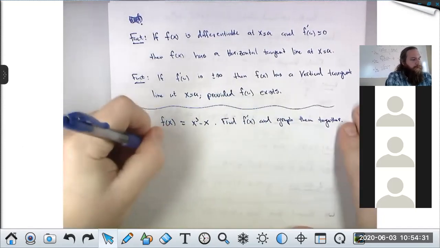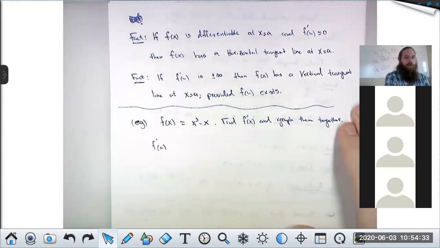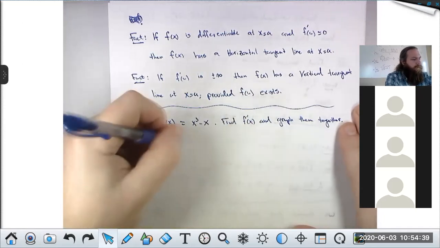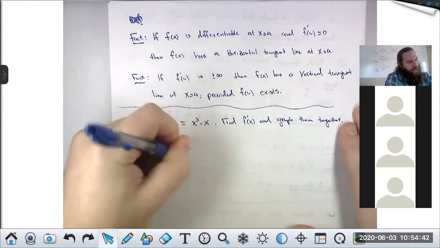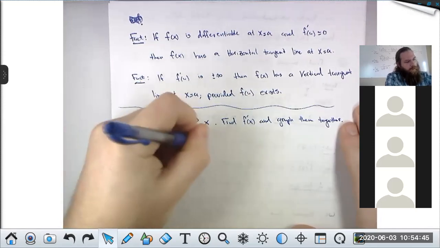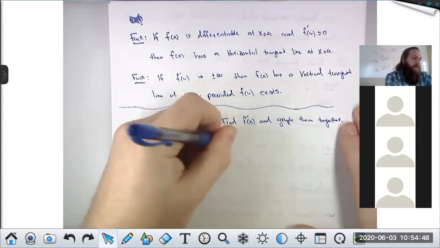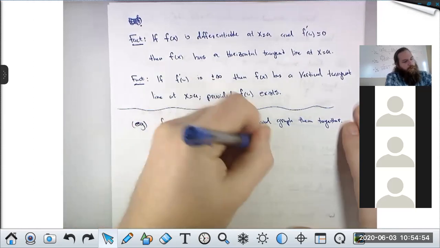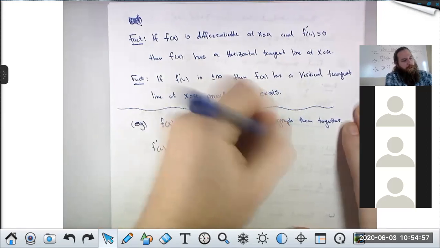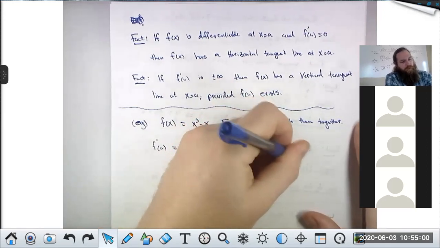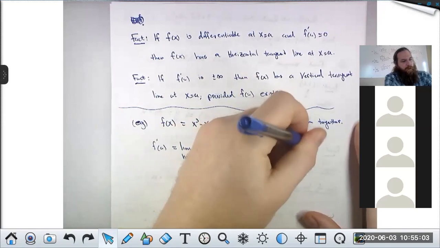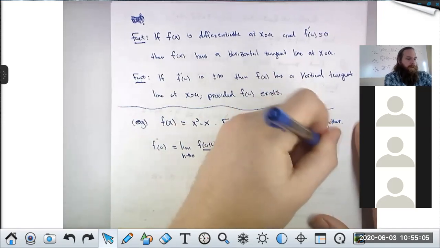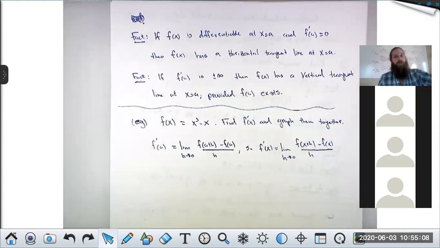So f prime of a, I will calculate using my definition. And then I could swap a for x, or I could just do the calculation directly. So f prime of x would be the limit as h goes to 0 of f of x plus h minus f of x, all over h. You could do it either way.